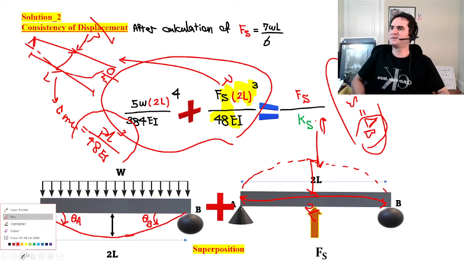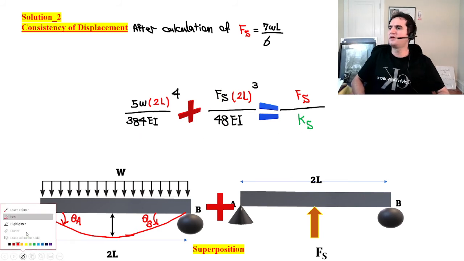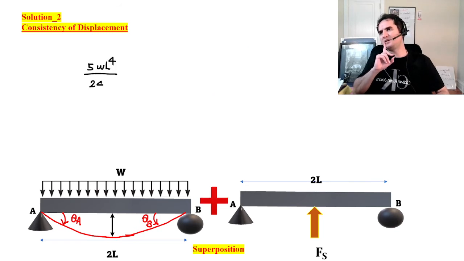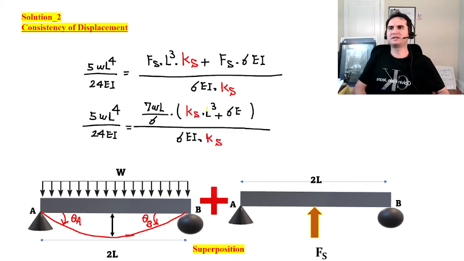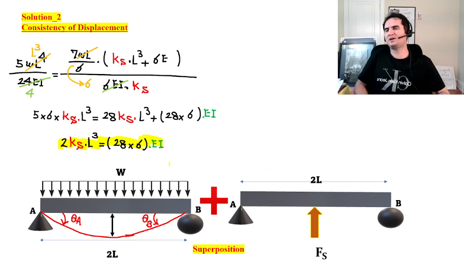So let's make it a bit cleaner. If you solve it for the only unknown of the problem, because we already know what Fs is, the only unknown is the stiffness of the spring. If we rearrange our equation based on Ks, and cancel out the terms that cancel with each other, eventually you will have the equation 2Ks times L cubed is equal to 28 times 6 EI.